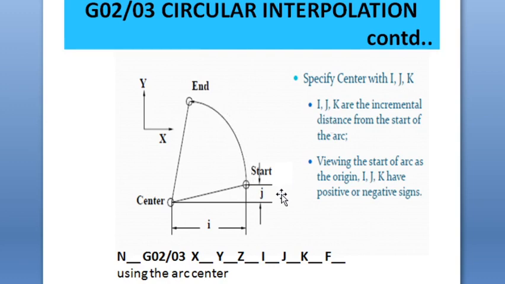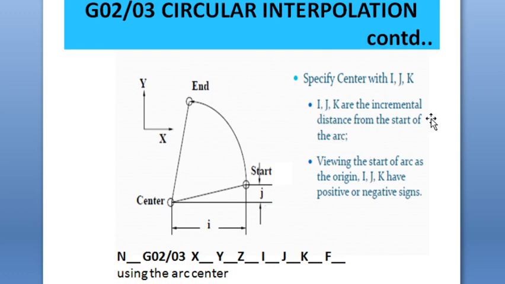The I and J is the center of the arc. These three, I, J, K, are defined with respect to the X direction. The center of the arc is defined, incremented with I units. This one is incremented along the Y direction, J units.